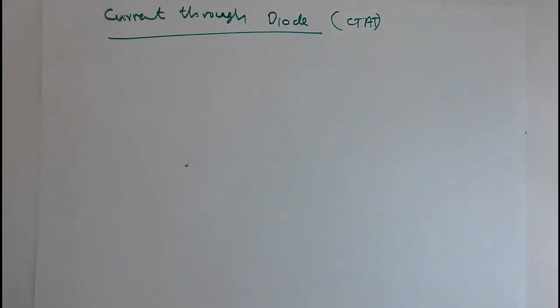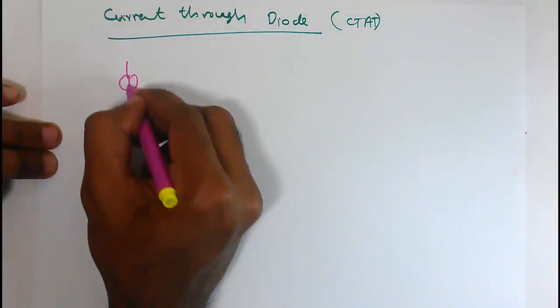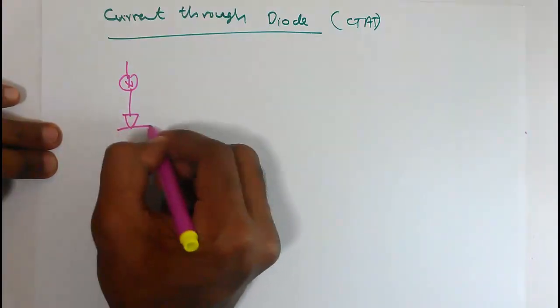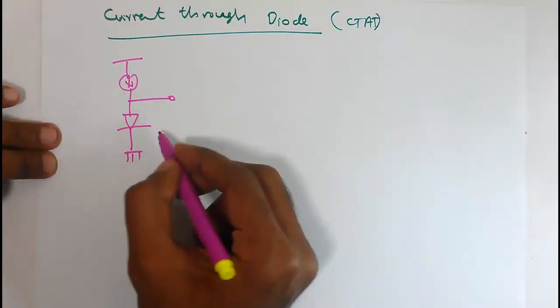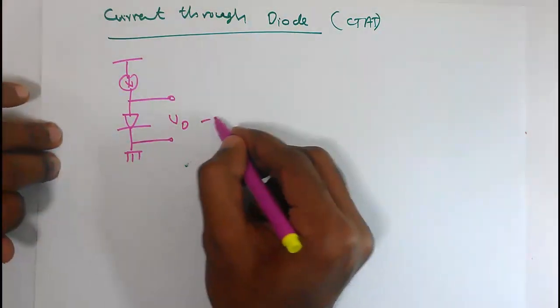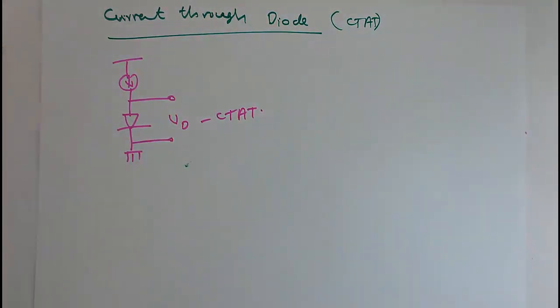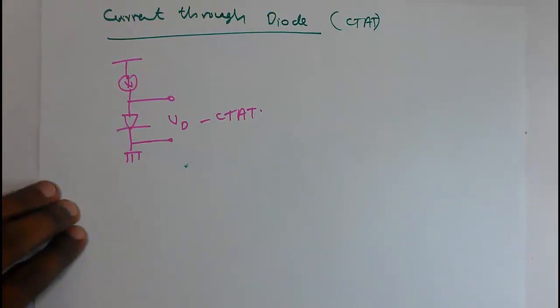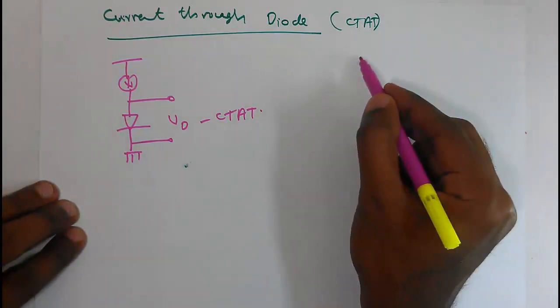When we started the discussion of CTAT, we said we will pass a constant current to a diode, and the voltage which is developed across the diode, Vd, is CTAT in nature. And finally, when we made the BGR, we added the PTAT voltage and the CTAT voltage to form the BGR.